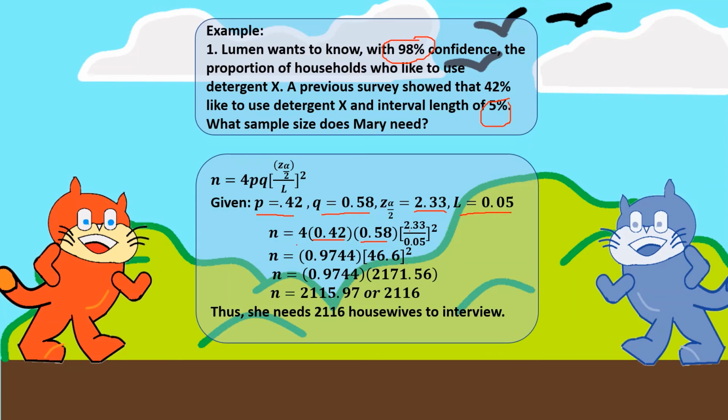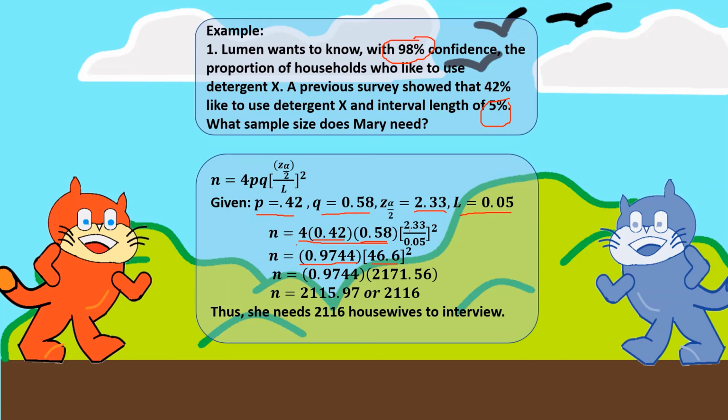So, the product of these three numbers, 4, 0.42 and 0.58, is 0.9744. And the quotient of 2.33 over 0.05 is 46.6. Then quantity square.